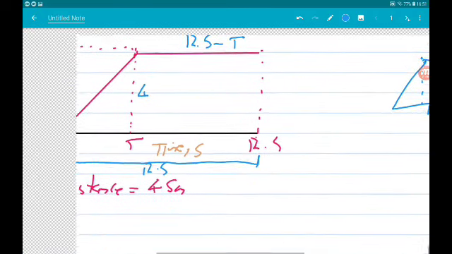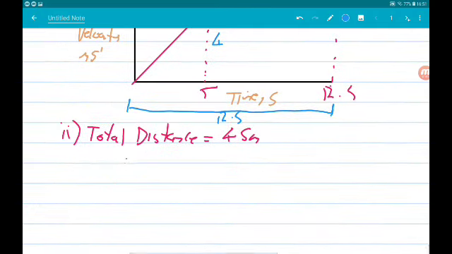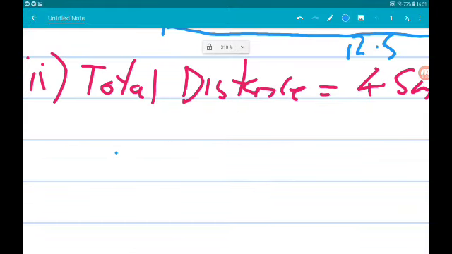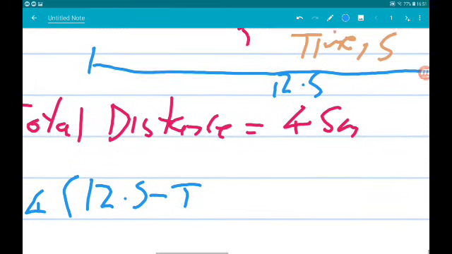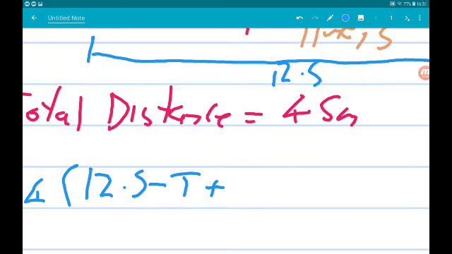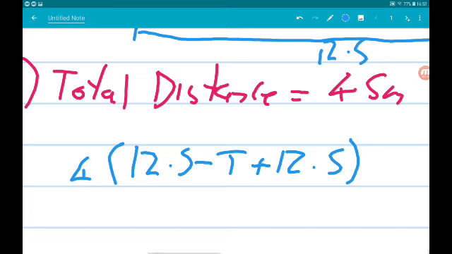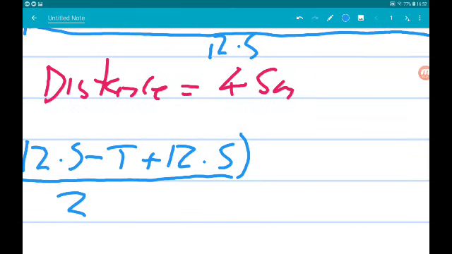So, we know then that 4 lots of 12.5 minus t, add 12.5, all over 2 is equal to 45.